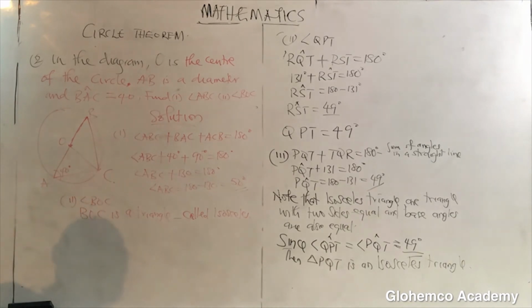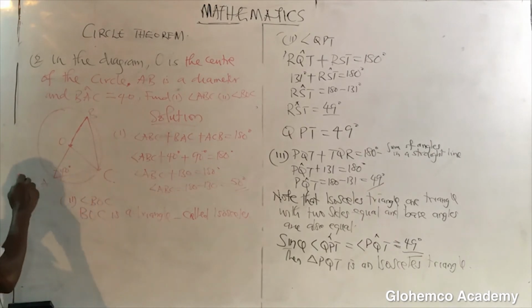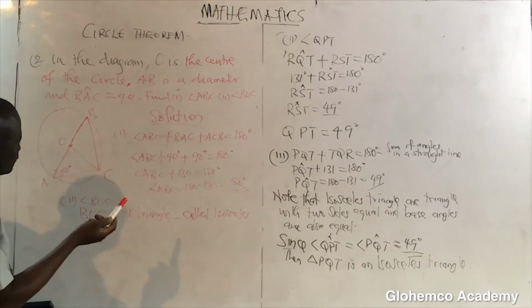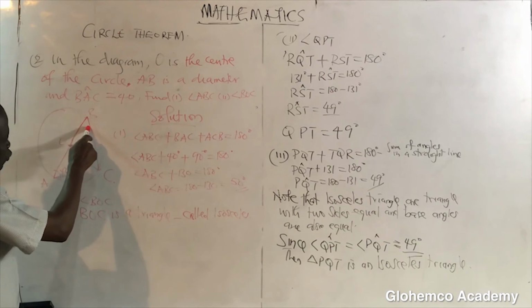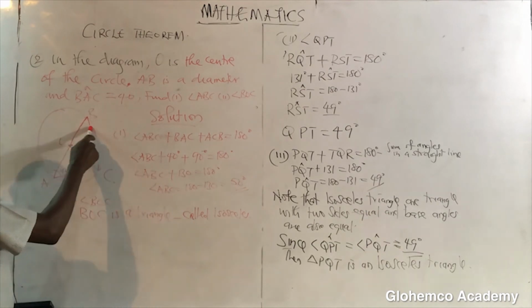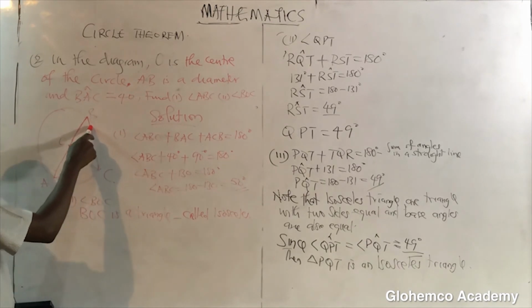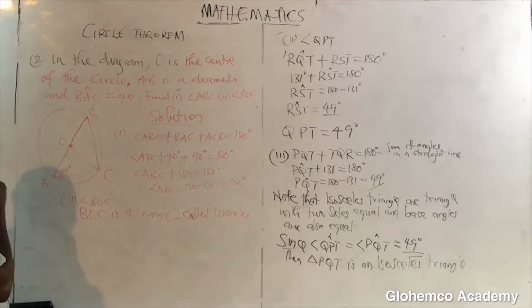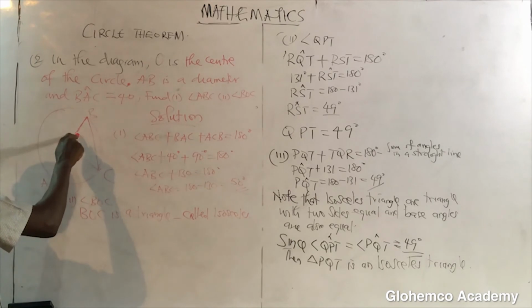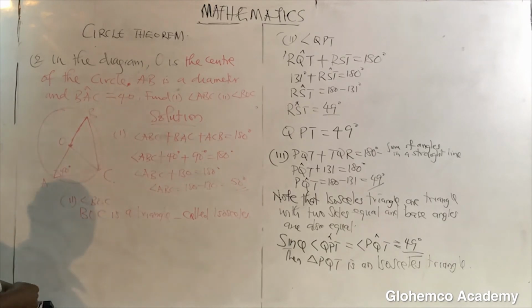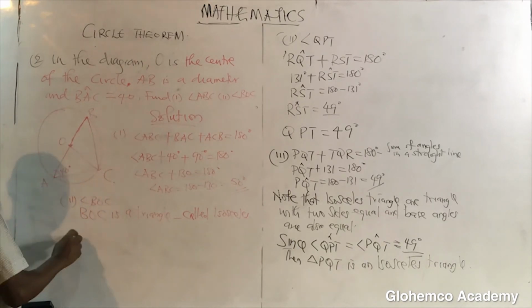Then the next thing is, if it has formed an isosceles triangle, identify the angle given. We have already calculated ABC to be 50 degrees. This angle is 50 degrees, right? Now, where are the base angles of this triangle BOC?